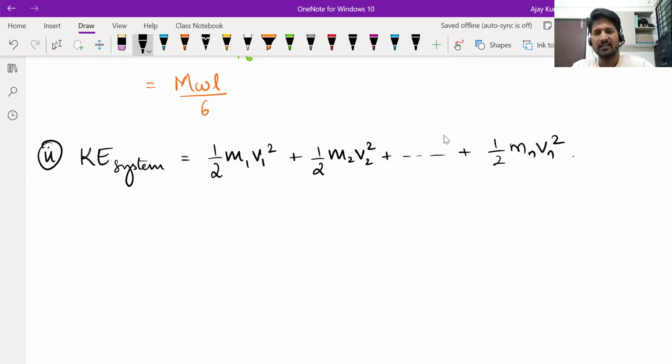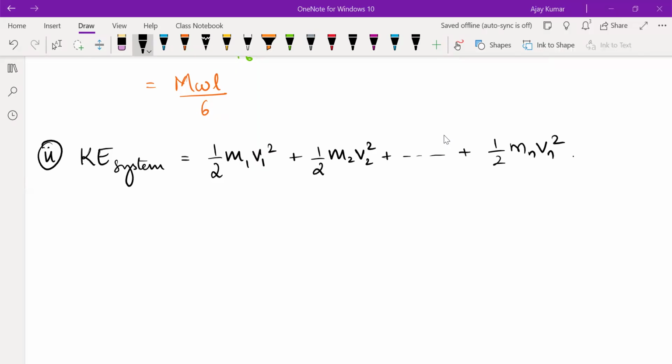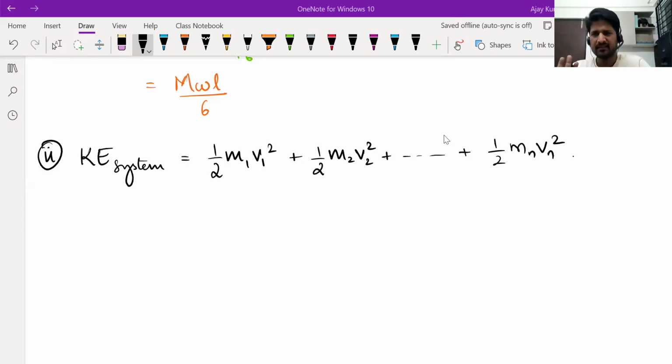Is there anything we can take common in this equation? Nothing. We can't take m common. We don't know if all the particles have the same mass or not. And definitely we cannot take the speeds common, because each particle could be having its own speed.